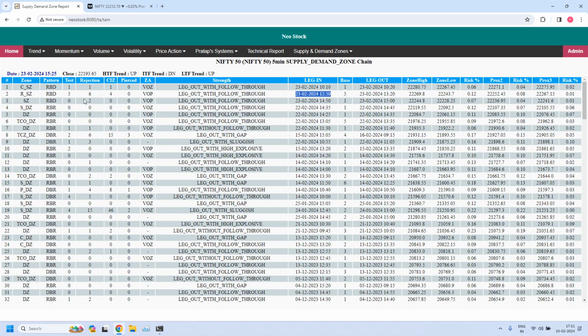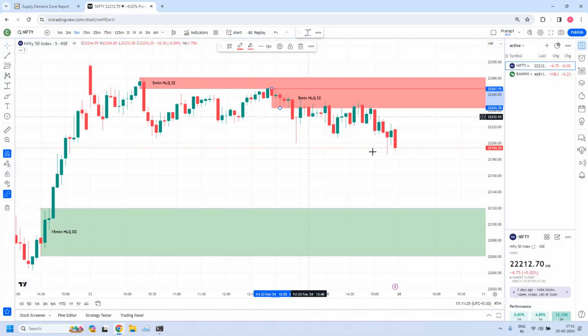Even this is also strong, because two rejections are there from this. 23rd at 1450 candle. 1450, one base candle. 1450 is the leg-in. 23rd, 1450.